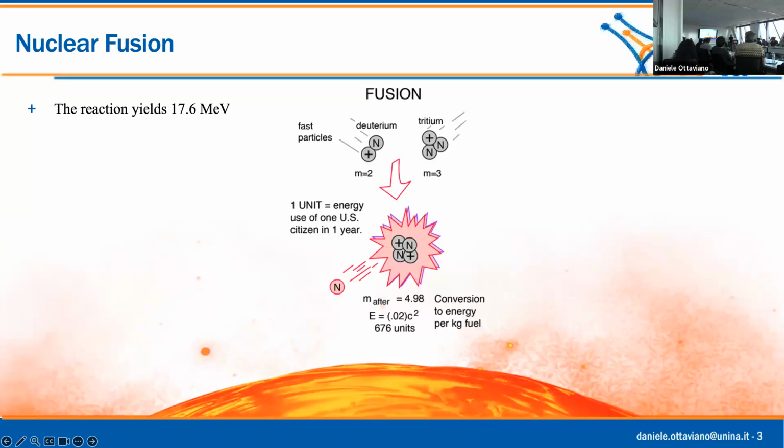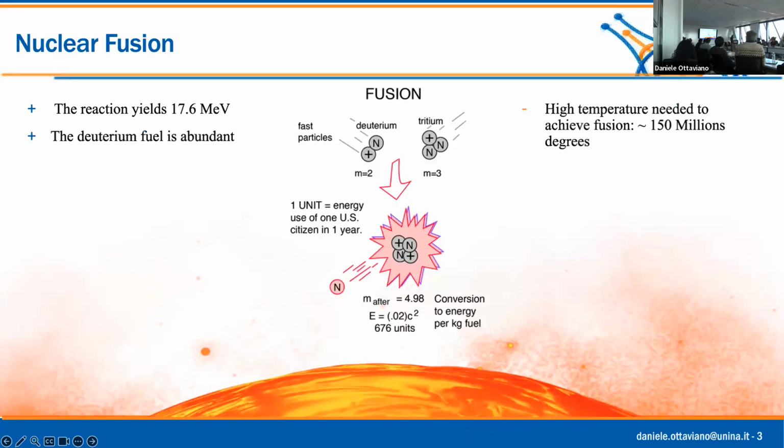Well, that's great, right? Also, deuterium is a very abundant material in nature because it's an isotope of hydrogen, right? So that's good. The problem is that this kind of reaction in the stars takes great pressure and temperature to happen.